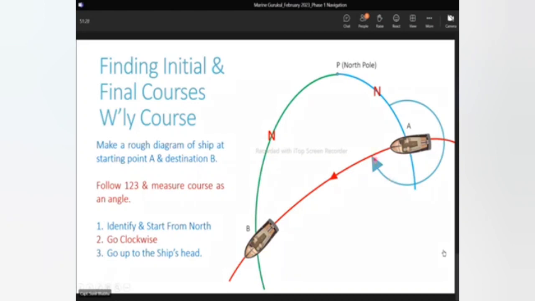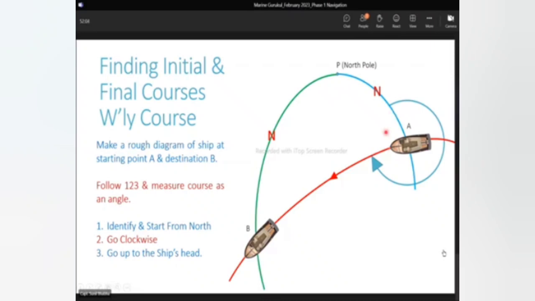So how do we find this outer angle from here? The total angle starting from north, going clockwise and coming back to north is 360 degrees. Just as with straight lines, you start measuring the angle at any point on the straight line, going clockwise, coming back to that line, it gives you a 360-degree angle. So this complete angle starting from N, going clockwise up to N is 360 degrees.